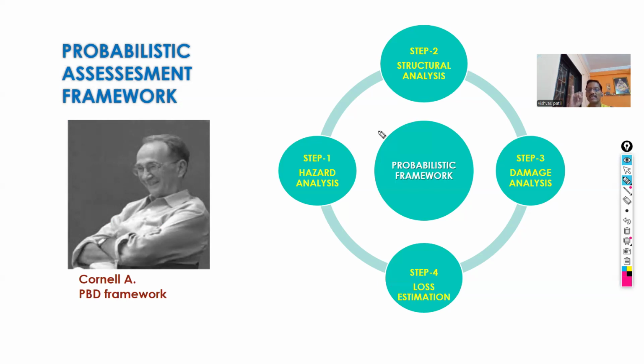First is hazard analysis, second is structural analysis, third is damage analysis, and fourth is loss estimation. This framework should be completed in sequence, step 1, step 2, step 3, and step 4. And the outcome of this probabilistic assessment framework is the fragility curve, a probabilistic curve, which is the focus of today's discussion.